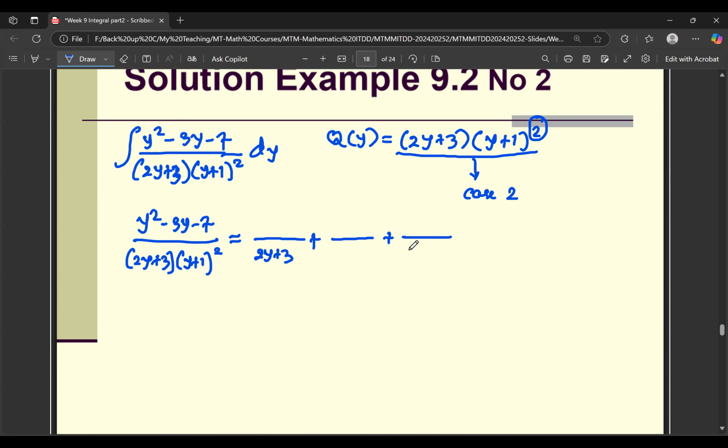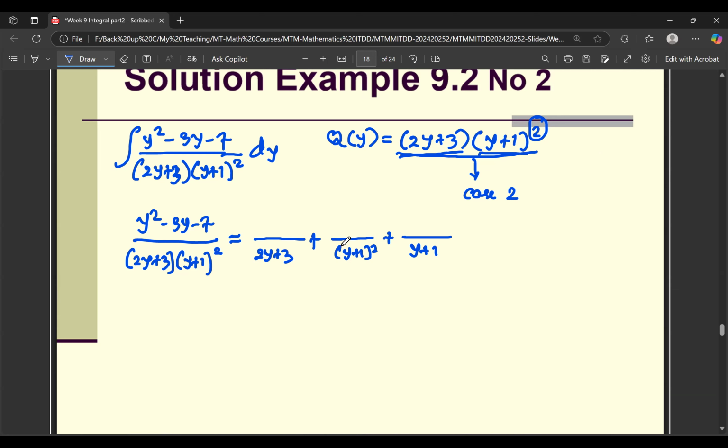For the repeating denominator, the denominator will be y plus 1, and then the power increases, so we will have y plus 1 squared. We only have 2, so we will have 3 components: one for the non-repeating factor and two for the repeating.